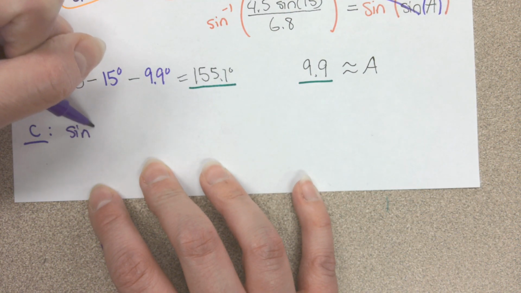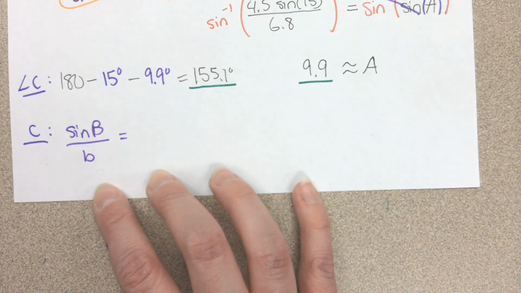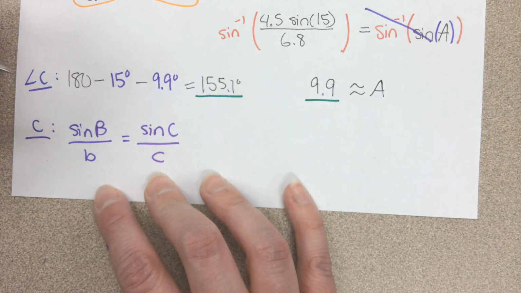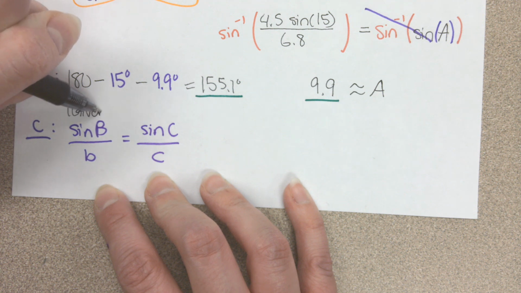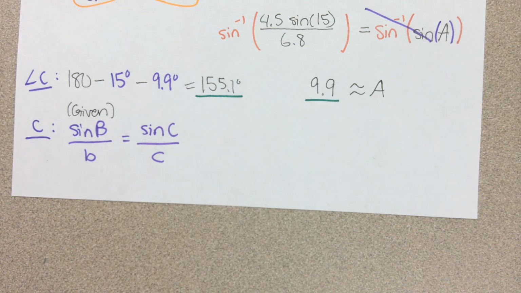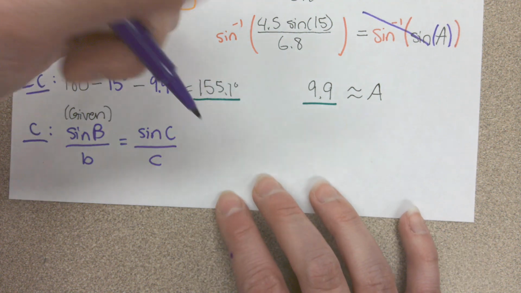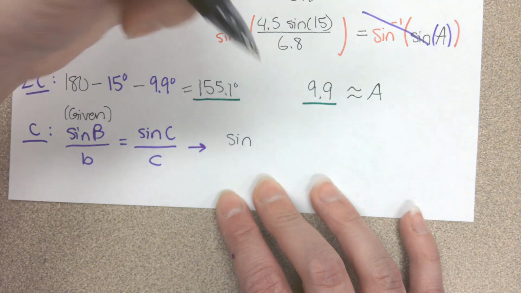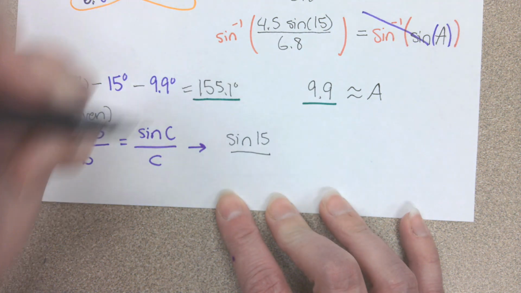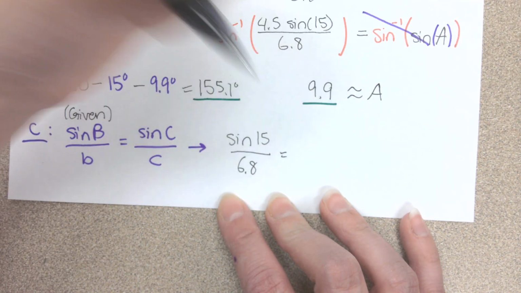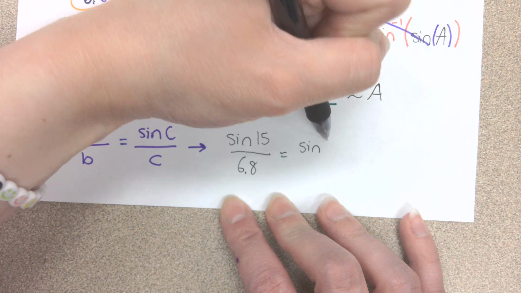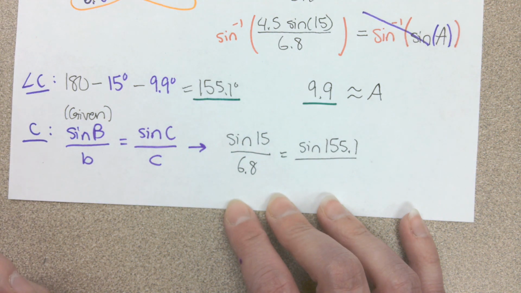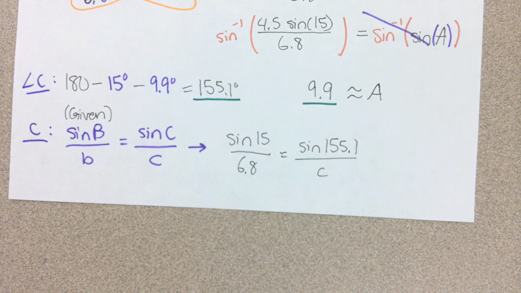So we have sine of B over B, which is what I used earlier. And this time, I'm going to find the C's. So I need sine of C over C. Filling that in, I have sine of B is 15, angle B, over side B is 6.8, is equal to sine of 155.1 for angle C, over little c is what we're looking for.